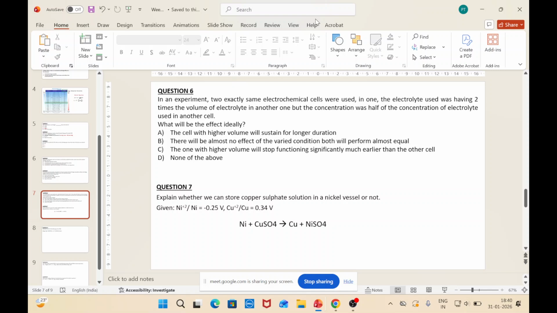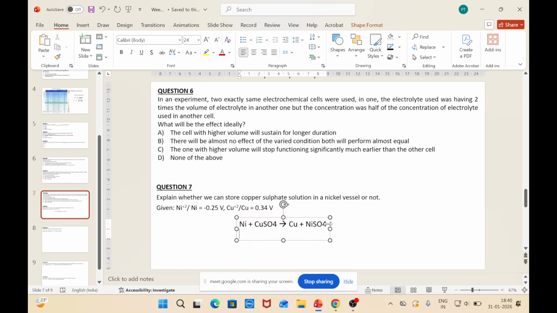So what is typically happening here? Nickel is getting oxidized and copper is getting reduced. Is that right? So for this reaction, instead of playing with the sulfate, can I write nickel going to nickel 2 plus plus 2 electrons?